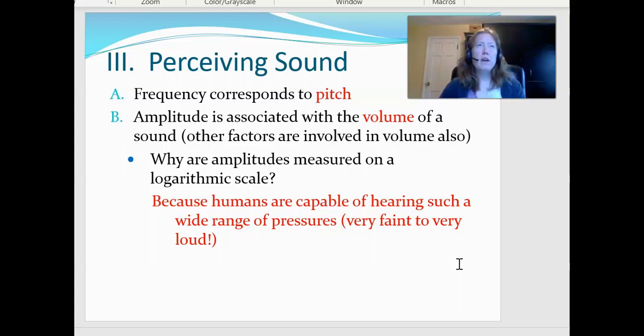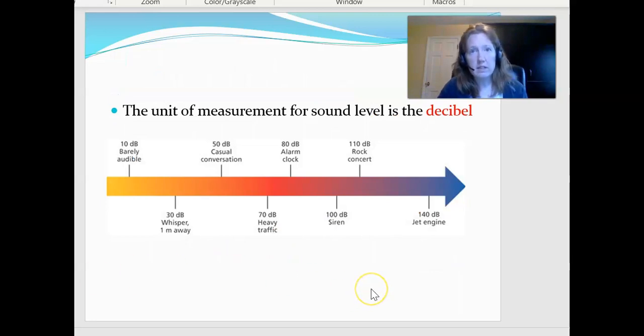And humans are good at hearing. I mean, not as good as other animals, but we are pretty good at it. We can hear a wide range of noises, and so we have to use a log scale to represent all the possible noises that we can hear, from very quiet to very loud. This decibel scale that we use is a log scale, kind of like the earthquake scale is also a log scale.